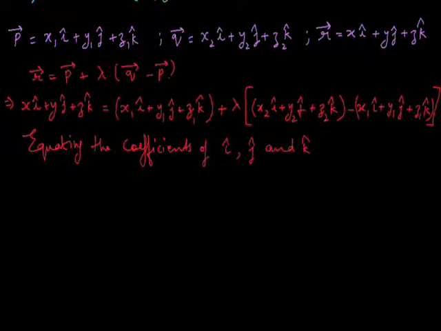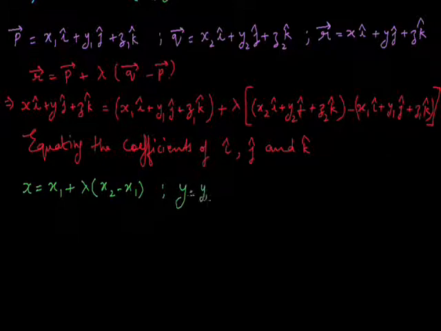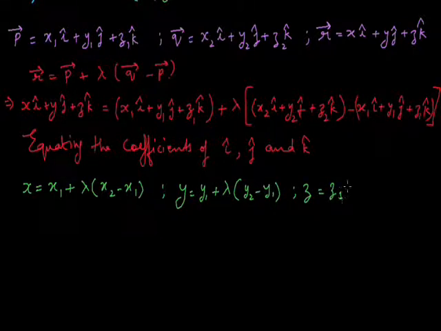After doing so, what we will get is x equals x1 plus lambda times x2 minus x1, y equals y1 plus lambda times y2 minus y1, and z equals z1 plus lambda times z2 minus z1.